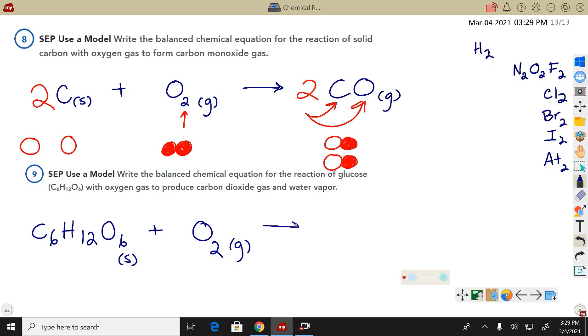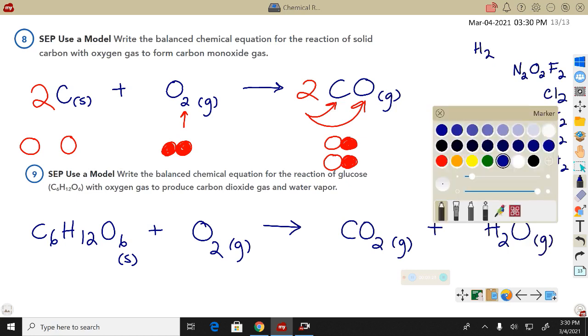To produce, so here come my products, carbon dioxide gas. Carbon dioxide is a gas. Interesting. And water vapor. So water is H2O, which normally is a liquid, but now they're telling me that it's water vapor. That's in the gas phase. Fantastic.